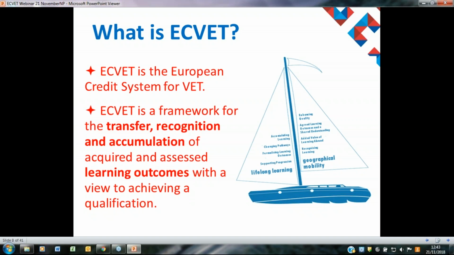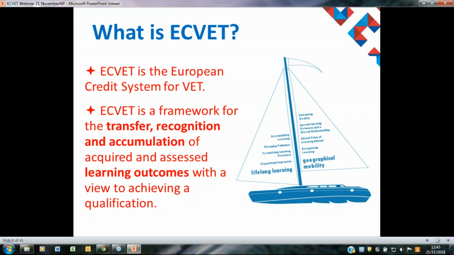Just to remind you, you can see the ship sailing along the European coast with geographical mobility and lifelong learning as the two sails. In the UK, we have concentrated on using ECVET for geographical mobility only.